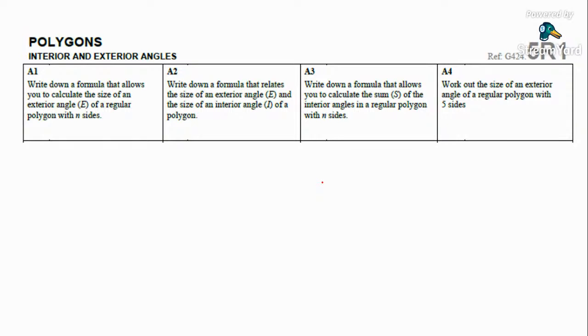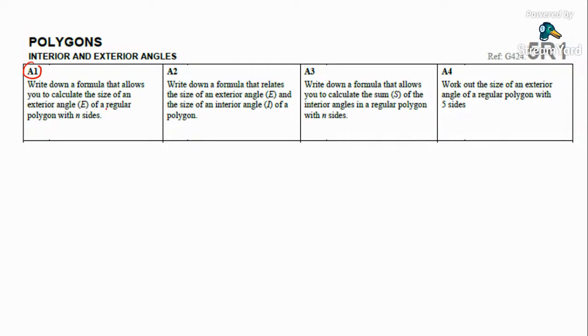So actually for these four questions over here, they are testing the basic concepts that you know about interior and exterior angles. Okay, so we look at A1 first. In A1, they want you to write down a formula that allows you to calculate the size of an exterior angle of a regular polygon.